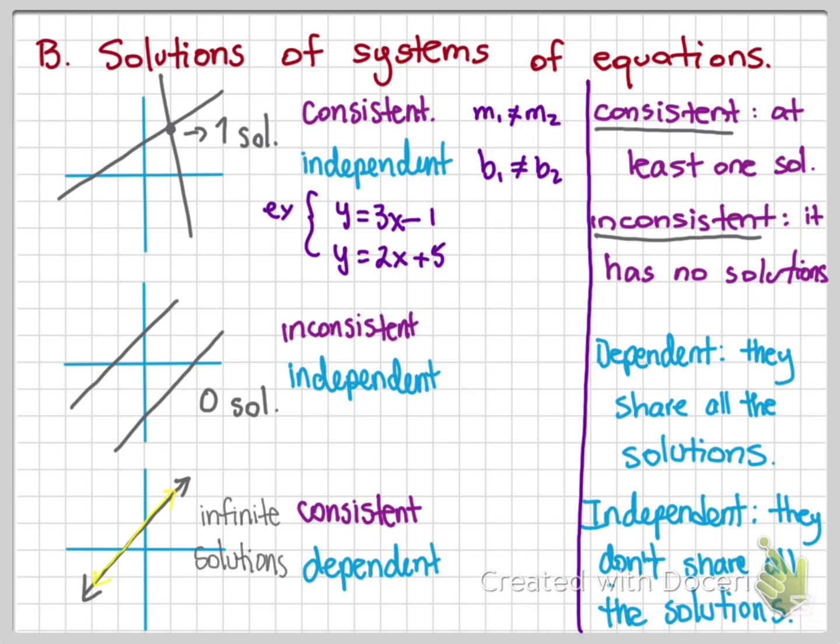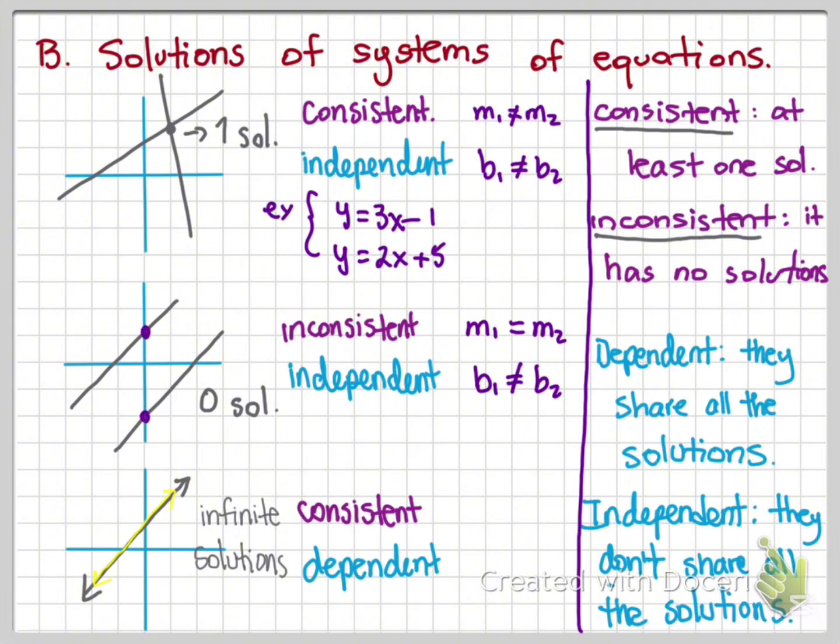In the inconsistent independent, the m's are the same, because remember that for two lines to be parallel, they have to have the same direction. They never touch. And if they have the same direction, it means that they have the same slope. But the b's are different. Okay, the b's are different. Notice, this b is here and the other b is here.